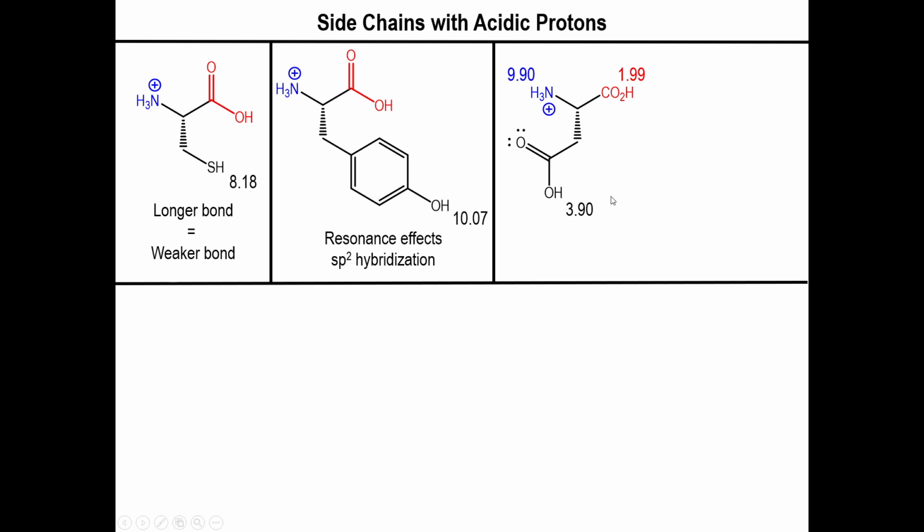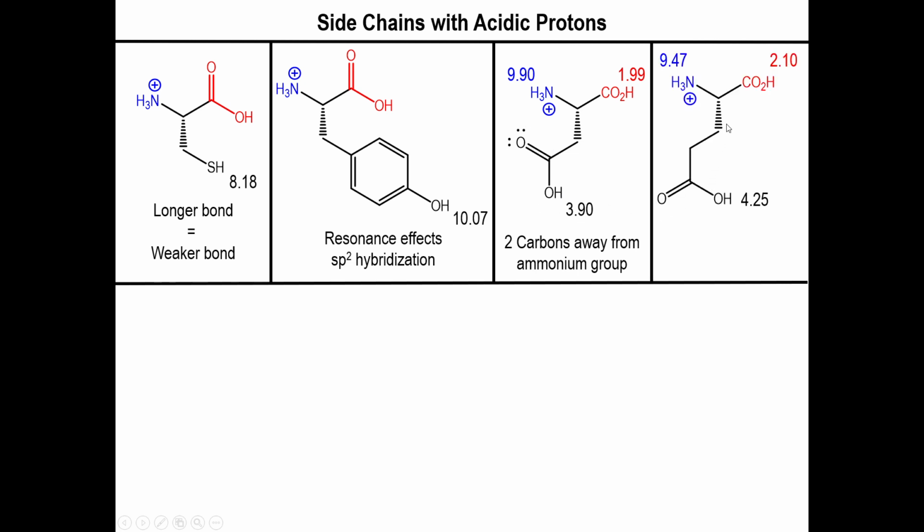All right. After that, we have good old aspartic acid, which has a pK in tandem with most regular carboxylic acids. Now the interesting thing here that I want to highlight is that the pK of the carboxylic acid of the regular amino acid chain is lower than the carboxylic acid pK of the side chain, and that's because this carboxylic acid in red is closer to the ammonium group compared to the side chain itself.